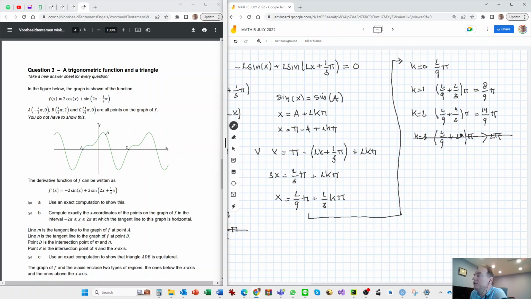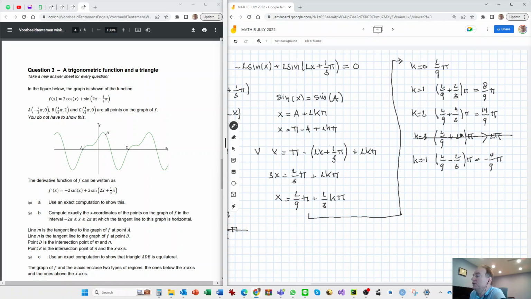And now we go to -1 for k. Yeah, it's meticulous work, not difficult, but easy to make mistakes. So minus 2 over 3 pi. So I get 2 and then minus 6 is minus 4 over 9 pi.